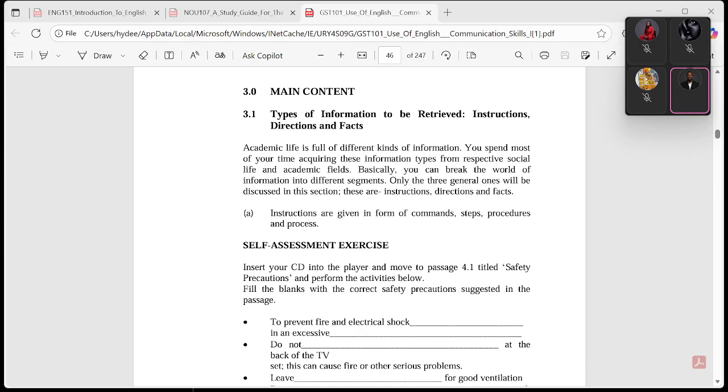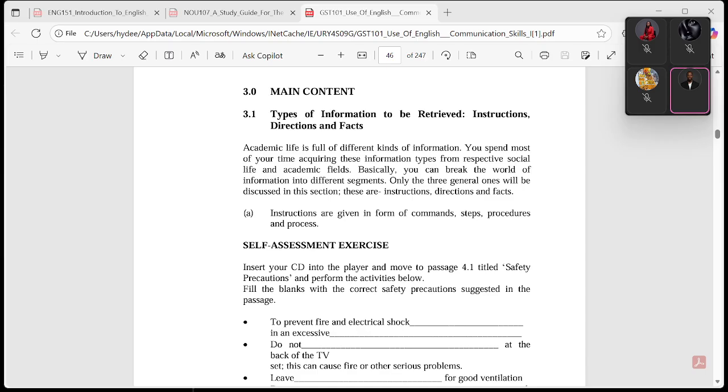According to your unit, the vast world of academic and social information is broken down into three general crucial categories that I just mentioned: instructions, directions, and facts. Now, these three main categories require retrieval techniques.